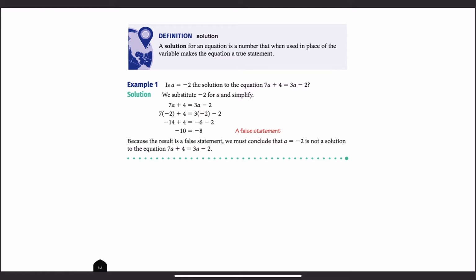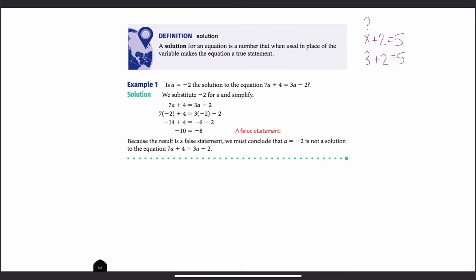So we could look at something even more basic than the example here, and we could say something like this: x plus 2 equals 5. What number here, when you add 2 to it, gets you 5? 3 is that number.